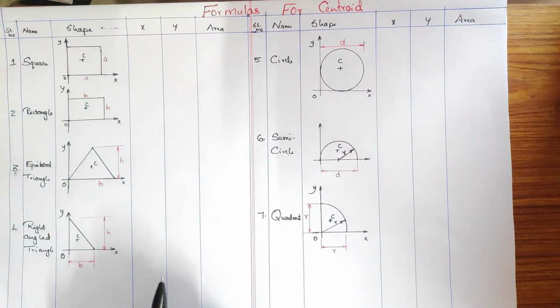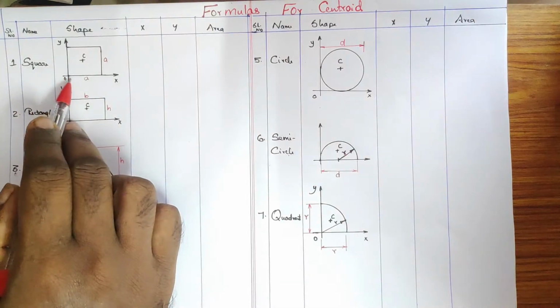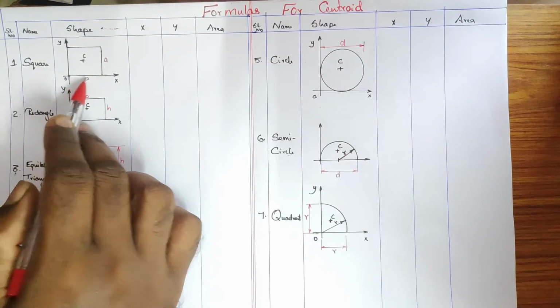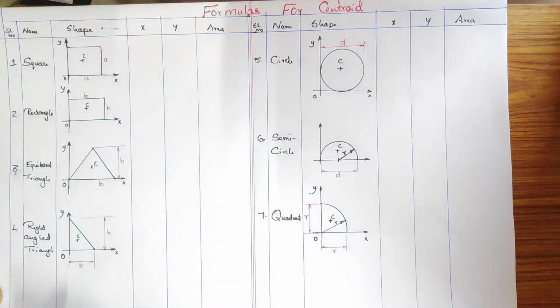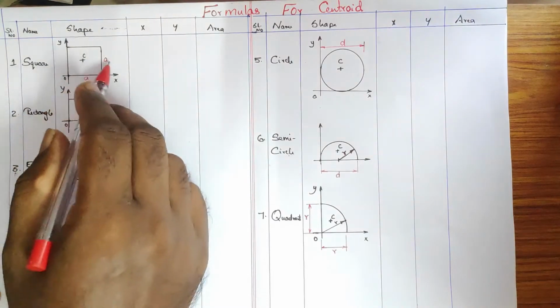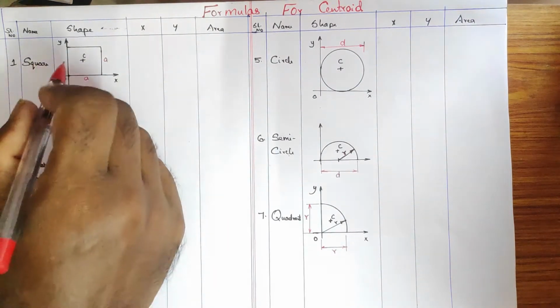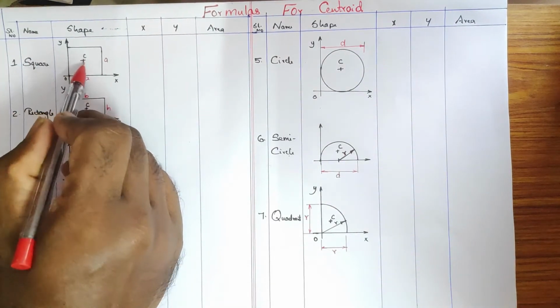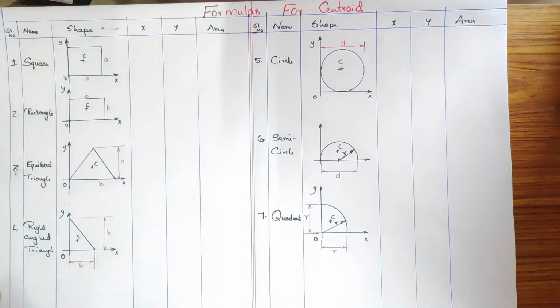Here for the square, I have taken the length of the square as a and width of the square as a. All four sides are equal in the square. We know the centroid is at the mid of the portion.